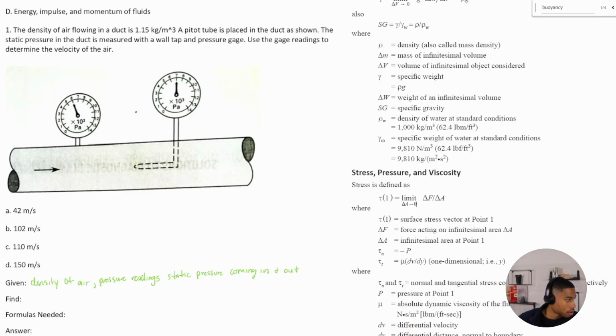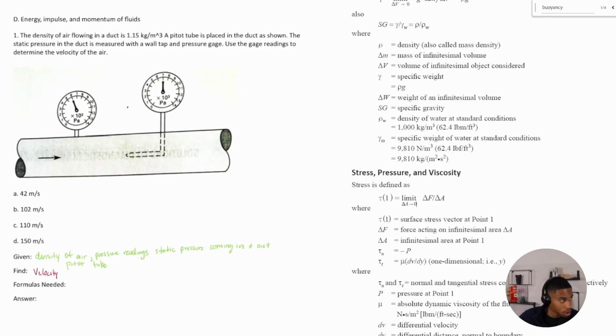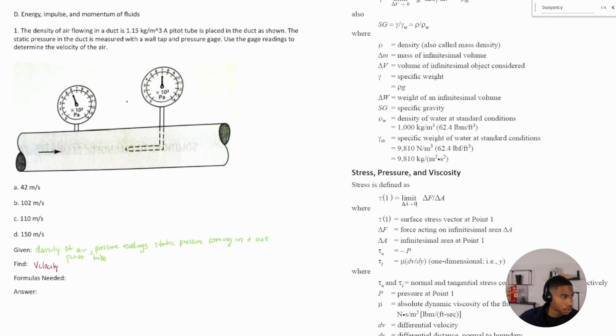We're also given that this is a Pitot tube. What are we trying to find? We're trying to find the velocity of the air. Are there any formulas that we need?